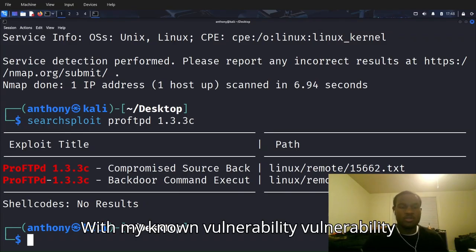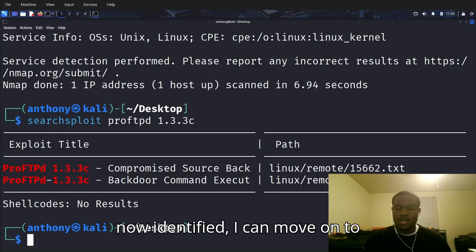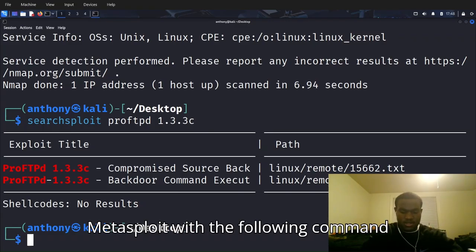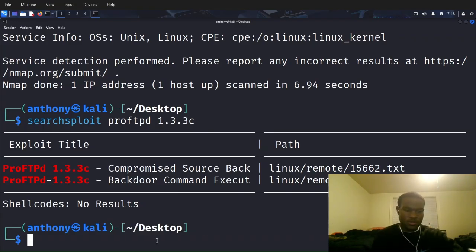With my known vulnerability now identified, I can move on to the exploitation phase using the Metasploit framework. I can launch Metasploit with the following command: msfconsole.